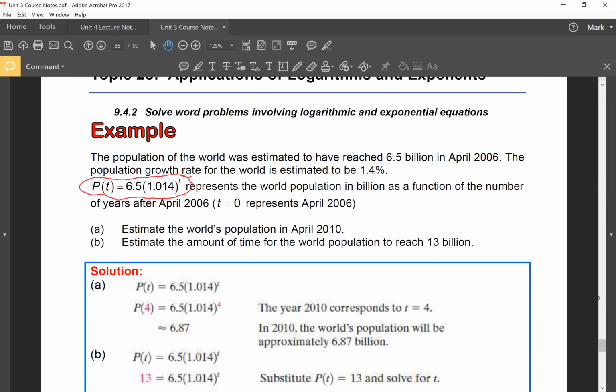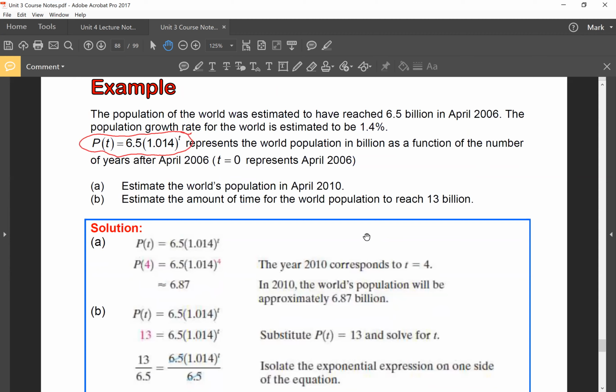So the equation P as a function of time, which all that means is population is related to time, P(t) is equal to 6.5 times 1.014 to the power of t. This represents the world population. So P is the population as a function of the number of years, so time is in years after 2006.